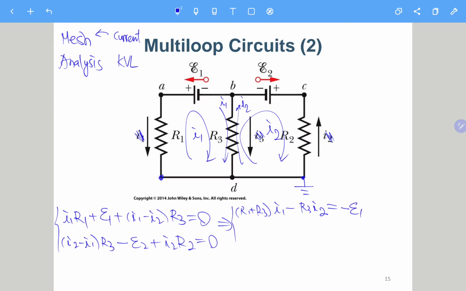And then we also have negative R3 I1 plus (R2 plus R3) I2 equals E2. So actually we can just solve it.